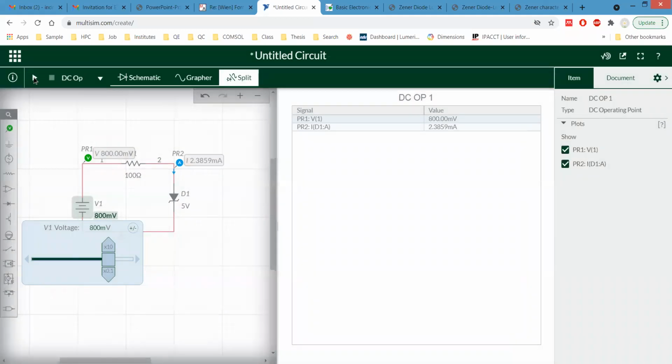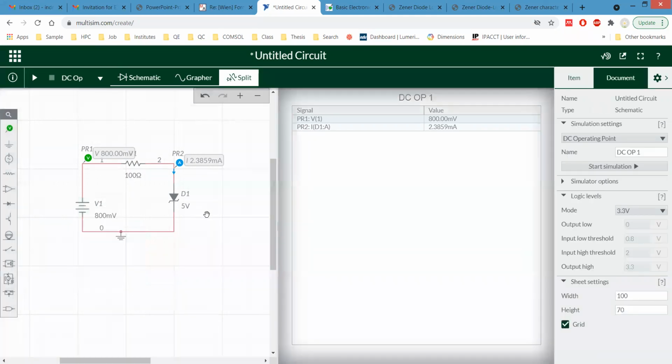For 800 millivolt, the current is in milliampere, 2.3859. Okay, 2.38 milliampere. And you had the data for 900 millivolt, right? Yes, sir. Okay, then good. So we have both the data for reverse and forward bias, right? Yes, sir. Okay. So please tell me, I will draw it.